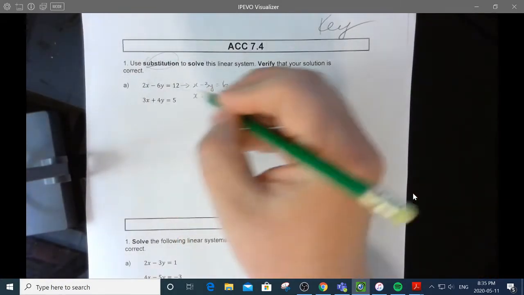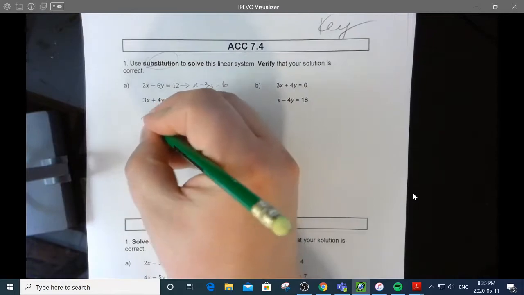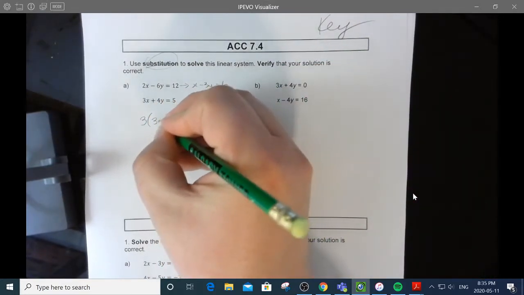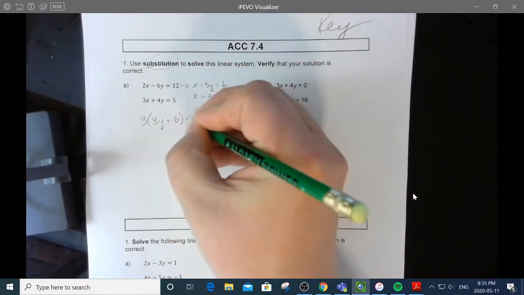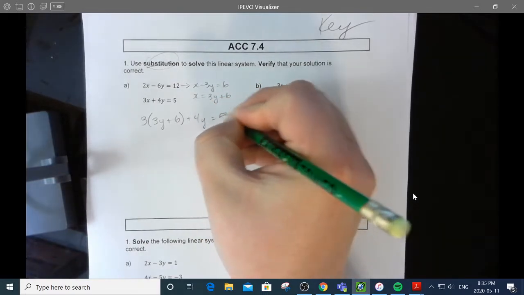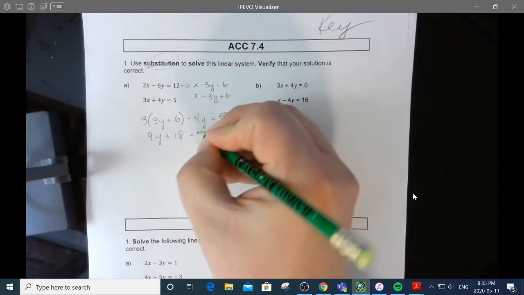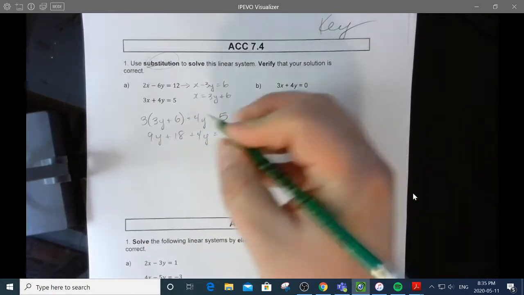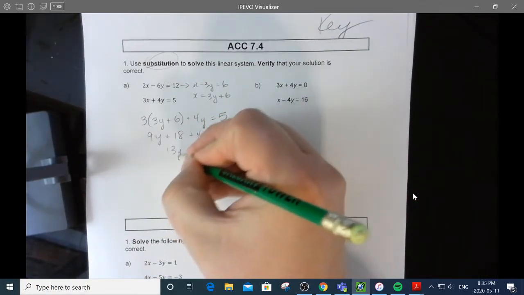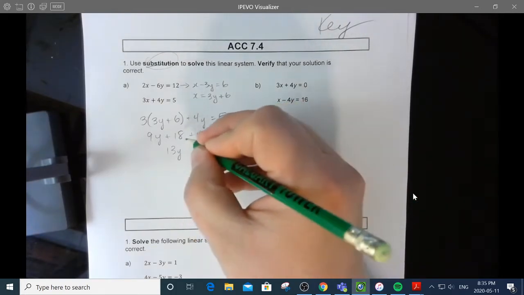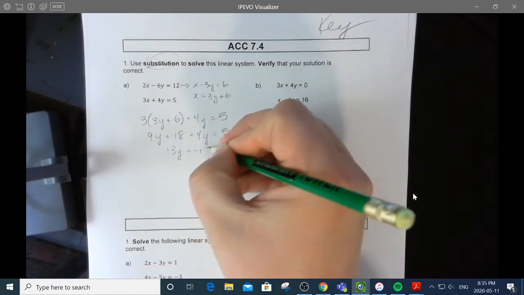I'm going to replace this x with what that x is. So 3 times (3y plus 6) plus 4y equals 5. And then that's going to be 9y plus 18 plus 4y equals 5. 9y's and 4y's is 13y's. Then I'm going to minus 18 from both sides, which is minus 13.